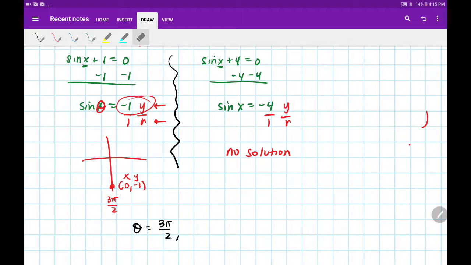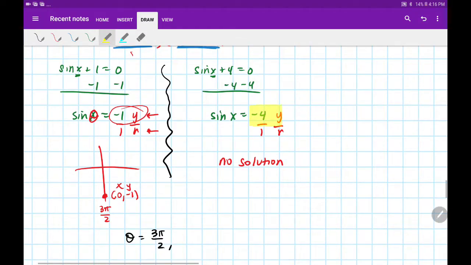So here's my clue to you as to why this is impossible. I want you to notice the length of the leg, and then I want you to notice the length of the hypotenuse. Why is this an impossible triangle or axis angle?